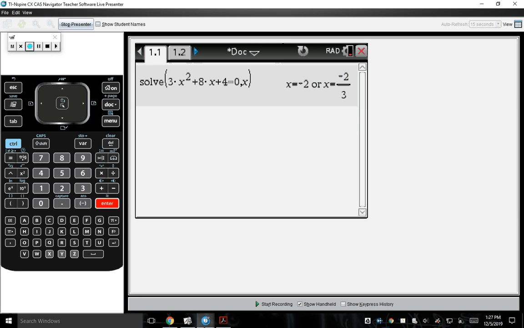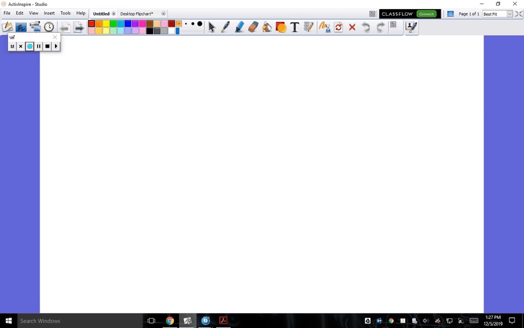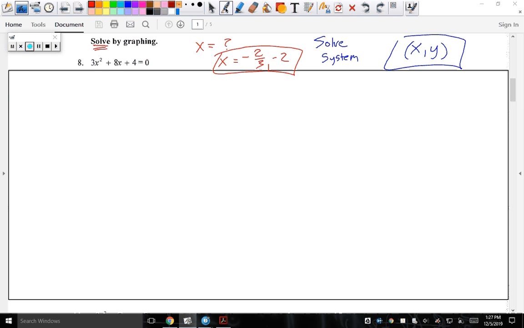Here's another way that you can use the calculator to your advantage. But if it says graphing, you can't use this. Okay, I want you to actually show the graph. What would the graph look like? And then get your answers accordingly like that, please. Alright, so let's now go back and do this by hand for the sake of practice, which is a very good idea. Okay? Alright, here we go.